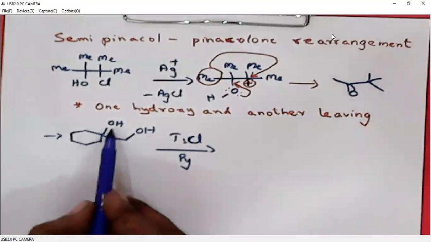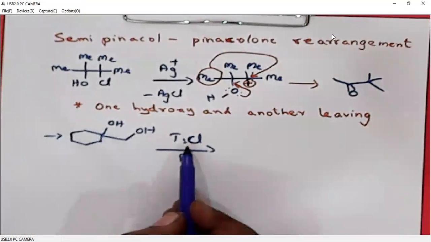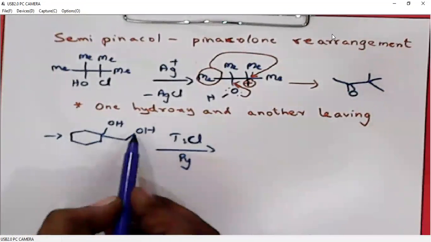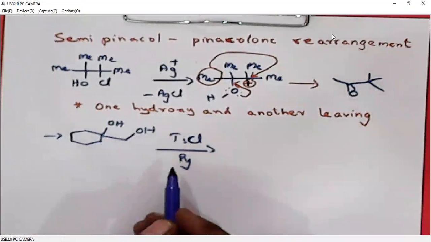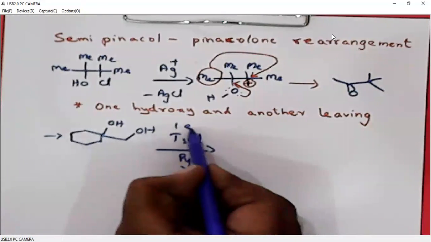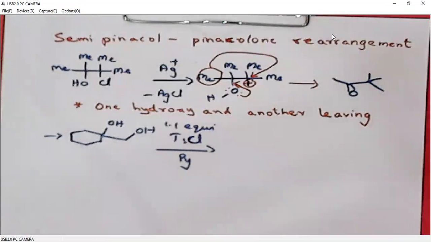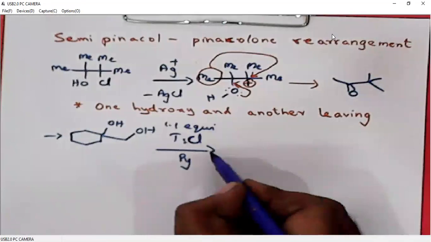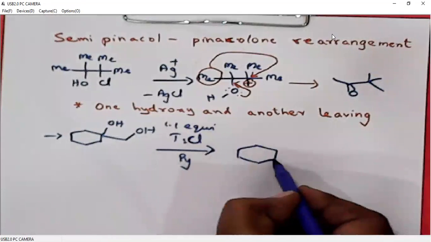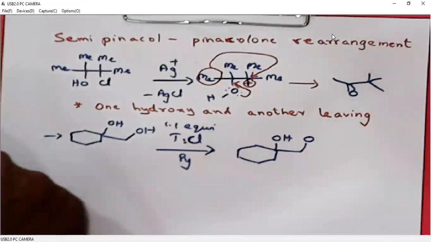Tertiary alcohol is more sterically crowded, hence paratoluene sulfonyl chloride can only approach this OH. It cannot approach the tertiary alcohol. Generally we will take one equivalent, or just 1.1 equivalents, of paratoluene sulfonyl chloride. Then it will protect the less substituted, less sterically crowded alcohol.